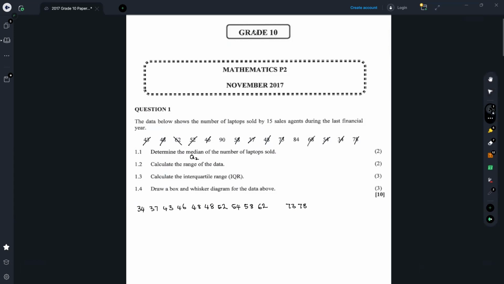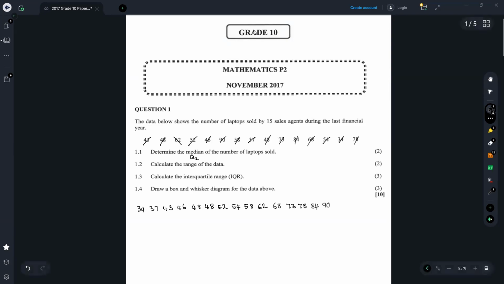So after 62, we're going to have 68 here. And then I cancel that value out. Yes. So now we have a 73, 78, and then afterwards, what do we have? We have an 84. Cancel it out. And the last value that we have is 90.